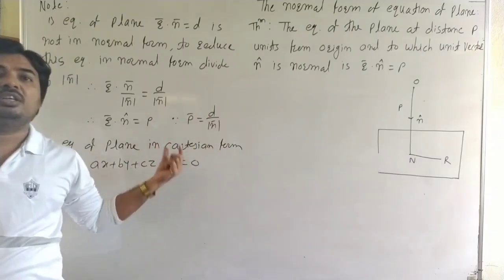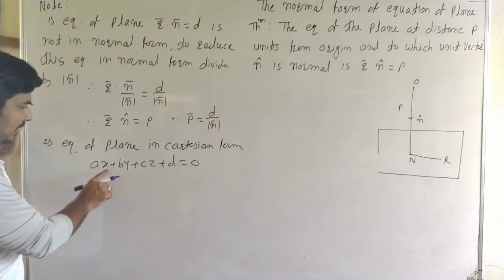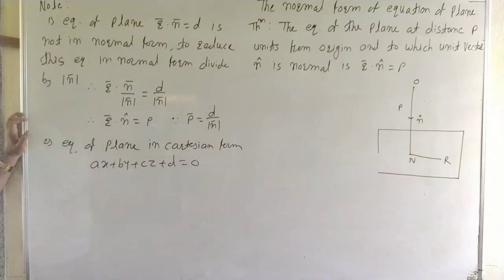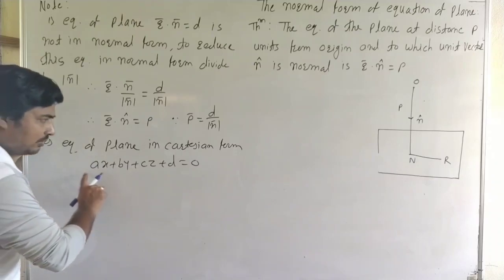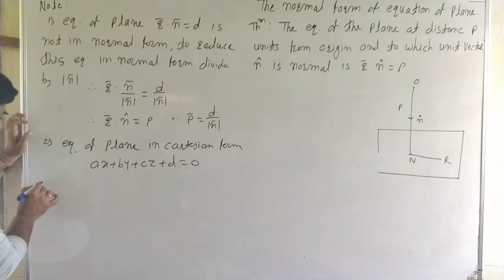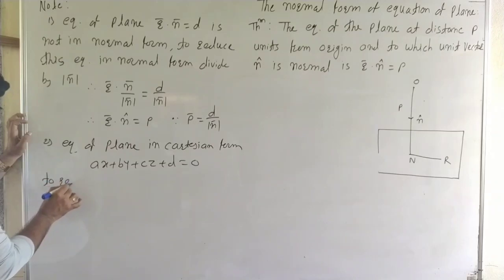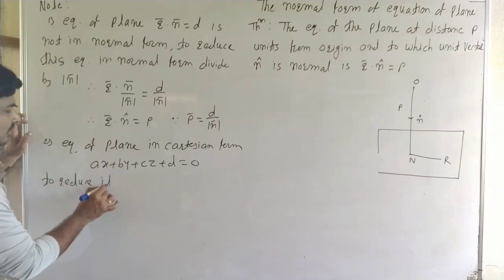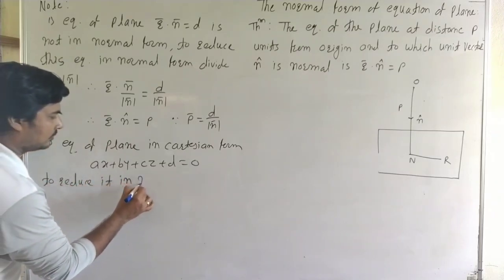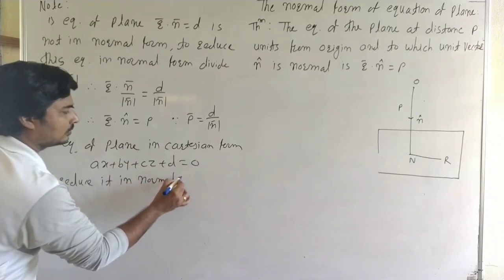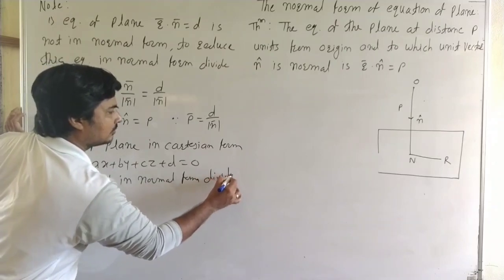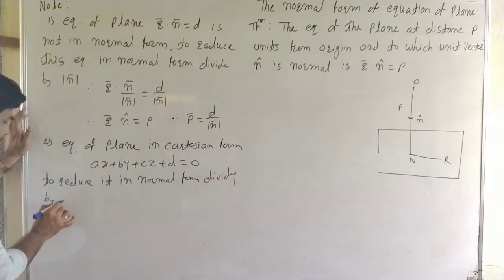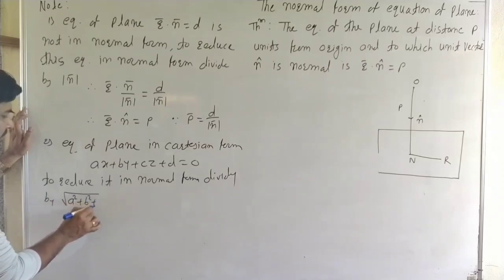This d is not the distance of the plane from the origin, because a, b, c are the direction ratios of the normal, which are not direction cosines. So to reduce it to normal form, we divide throughout by the square root of a square plus b square plus c square.